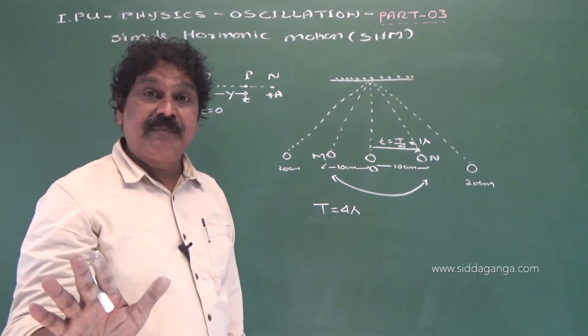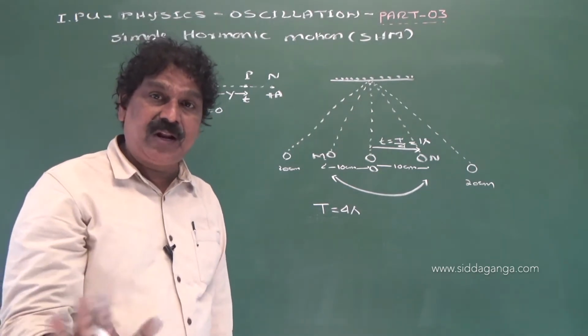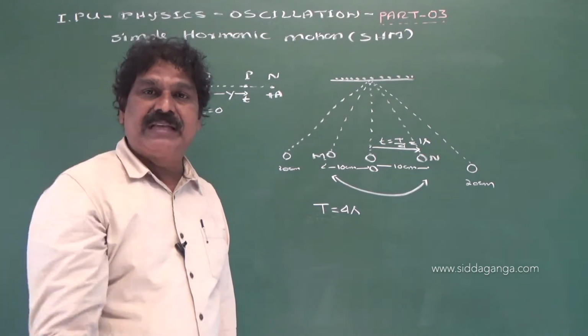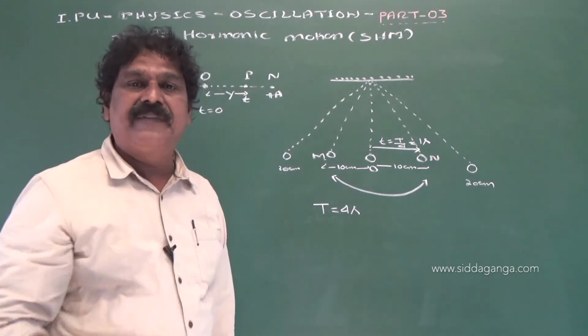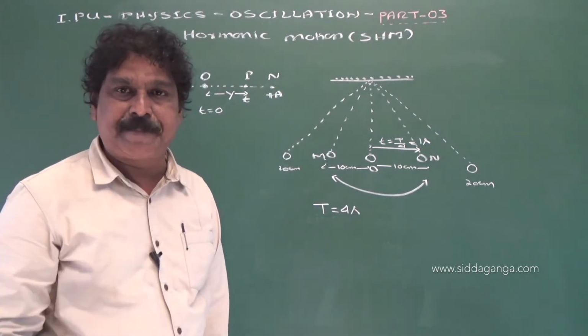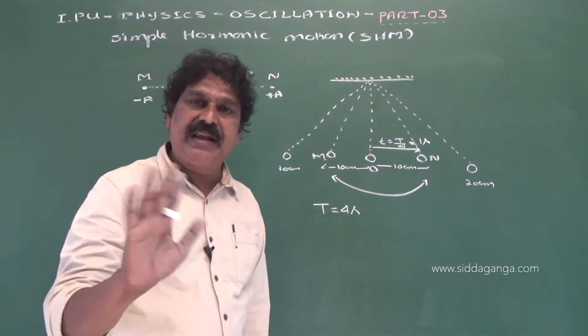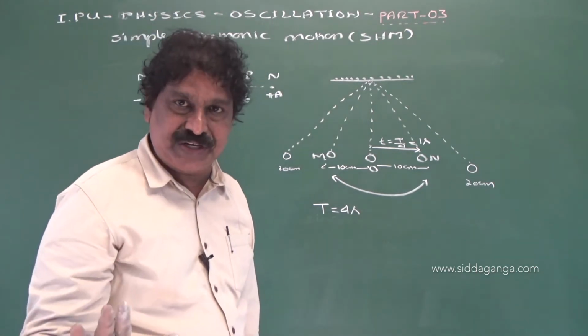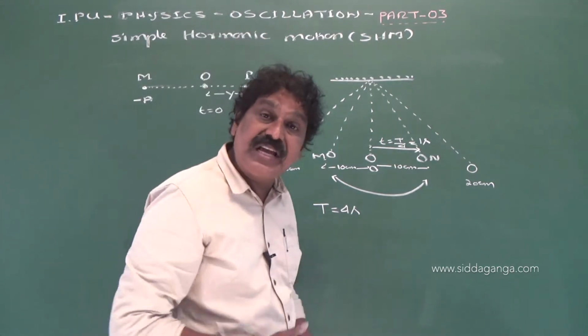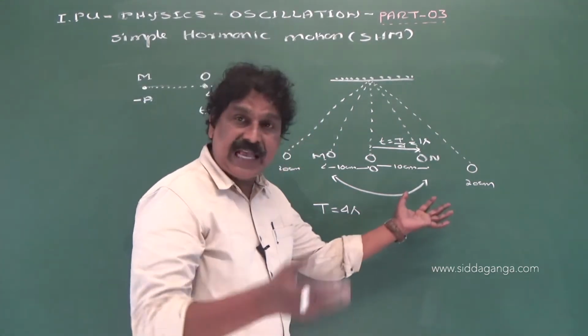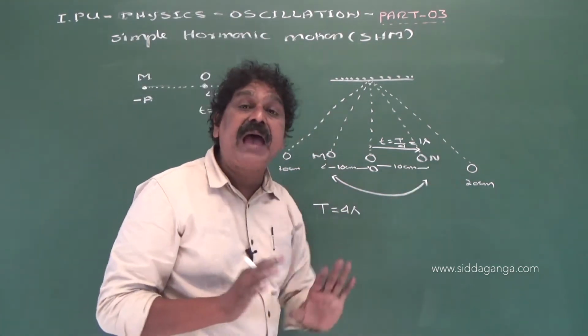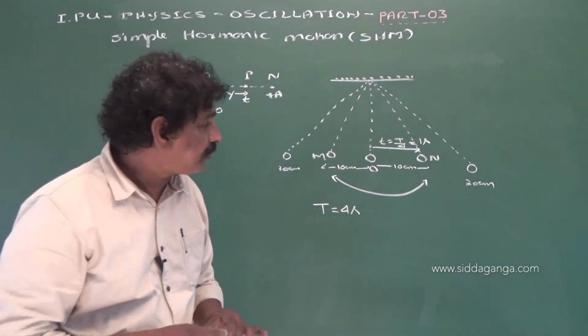Is there any change in period? No. The period remains the same because the length of the pendulum string is the same. Frequency and time period remain the same. They do not change. Only what is changing here is the amplitude.